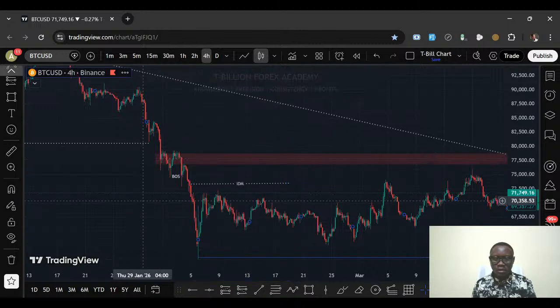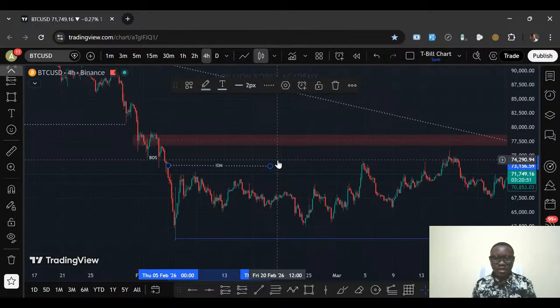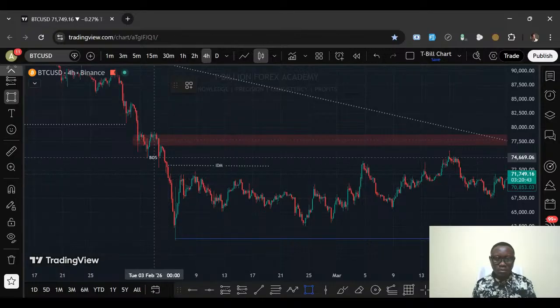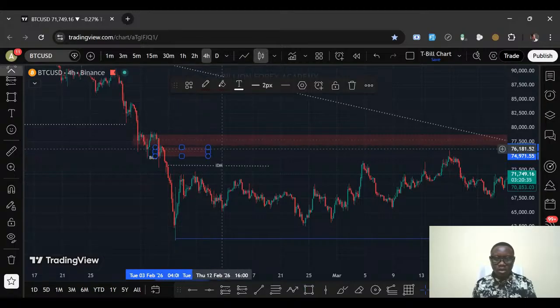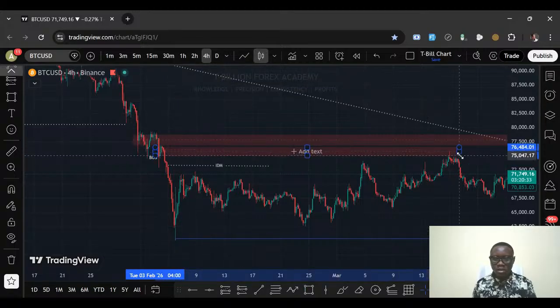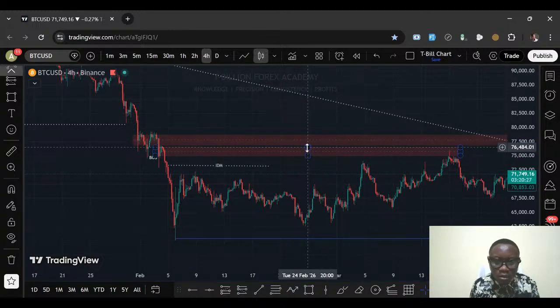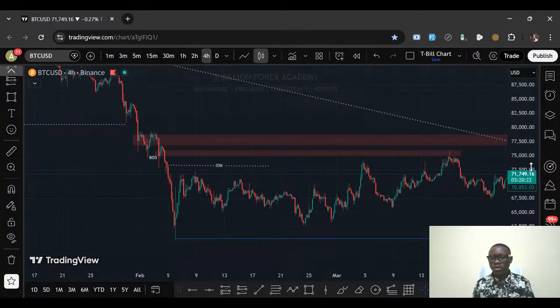And price reacted at this zone. So we got price reaction at this breaker block right here, which is this on the 4H time frame.